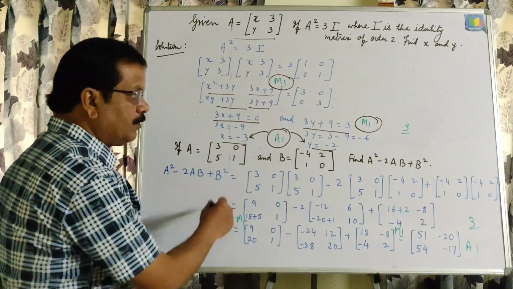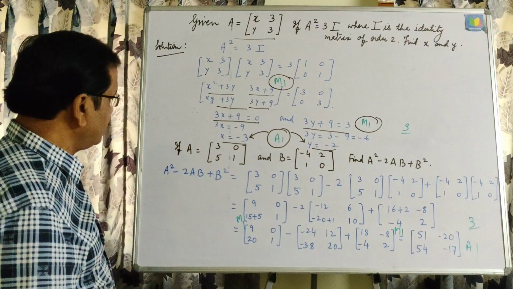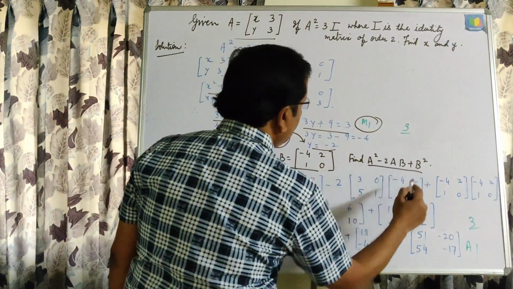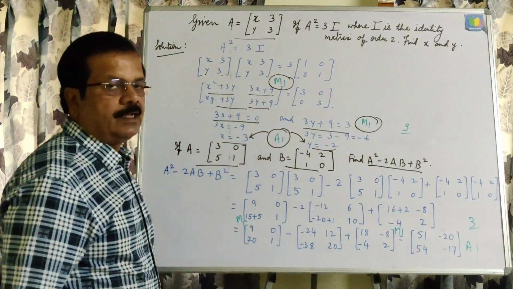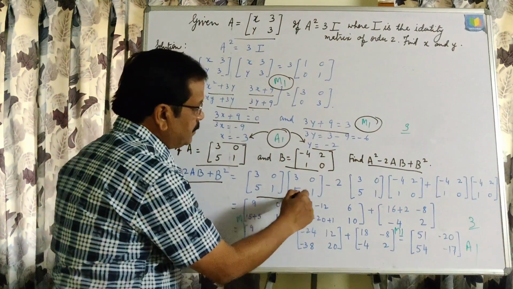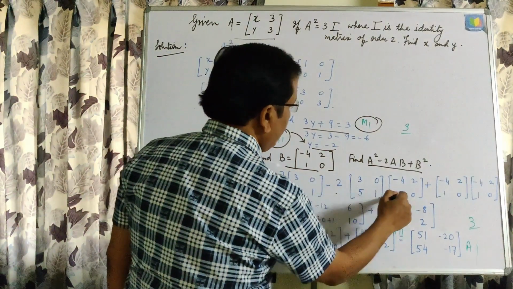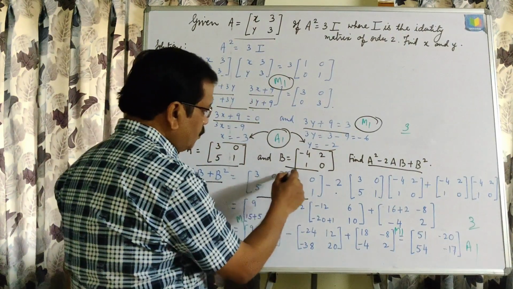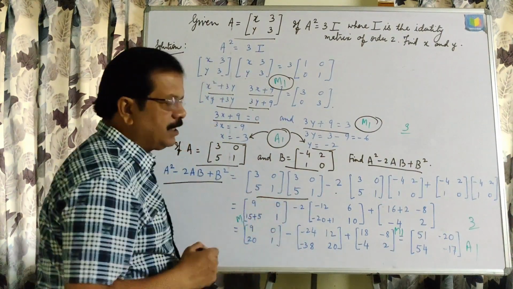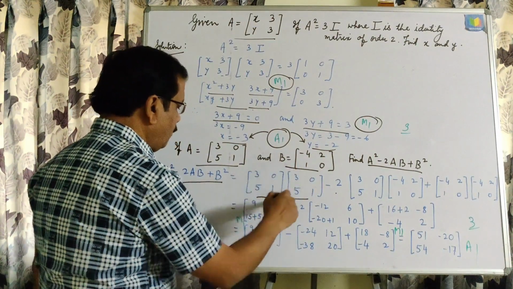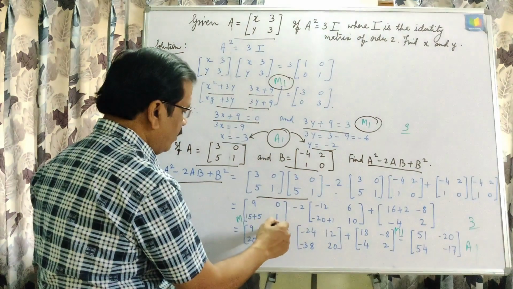Now this was the second question last year. A was given, B was given, find A square minus 2AB plus B square. Writing this expression and writing A 2 times, then minus 2AB plus B square. After multiplication, first row, first column, corresponding elements multiplied and added. In the same way, first row, second column, second row, first column, and second row, second column.